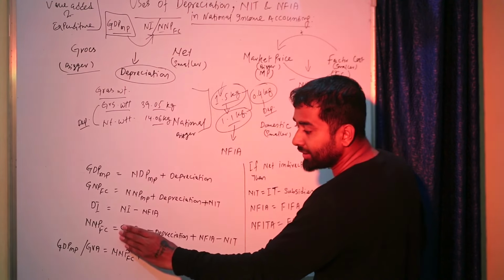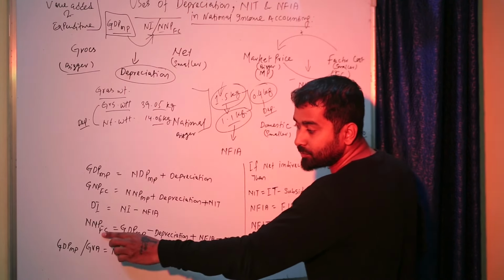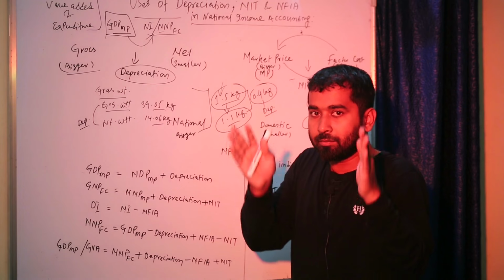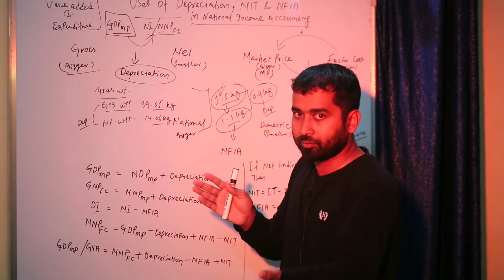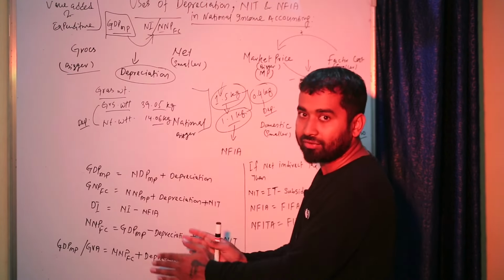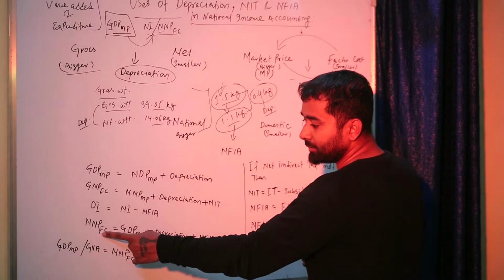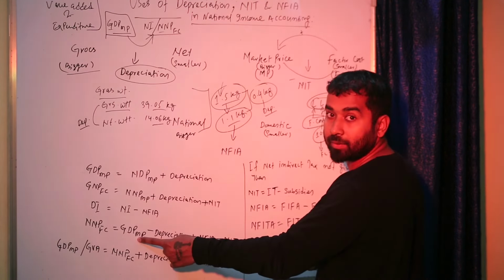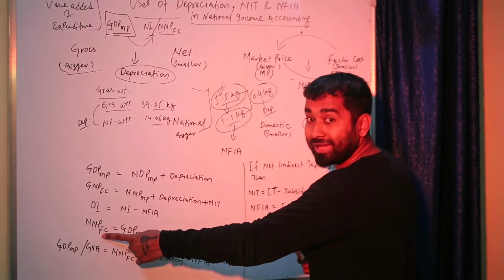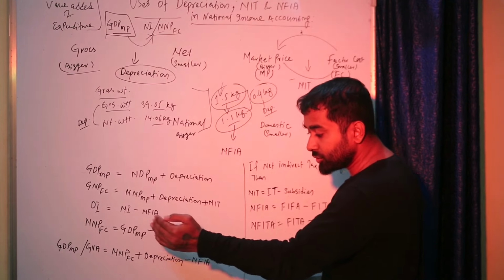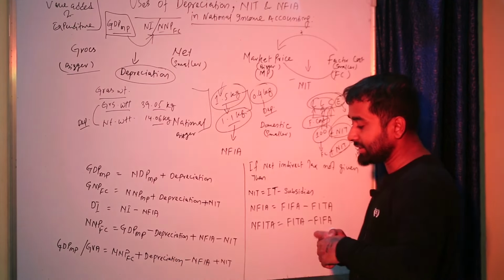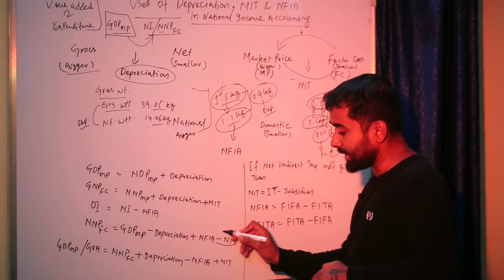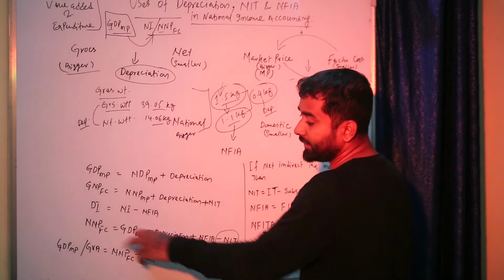So you are making the smaller one from the bigger one. Remember, every time, look at what you have on the left side and the right side. You are making factor cost out of market price, a smaller one from the bigger one, so you should subtract NIT. See the last point here: subtract NIT for making factor cost.